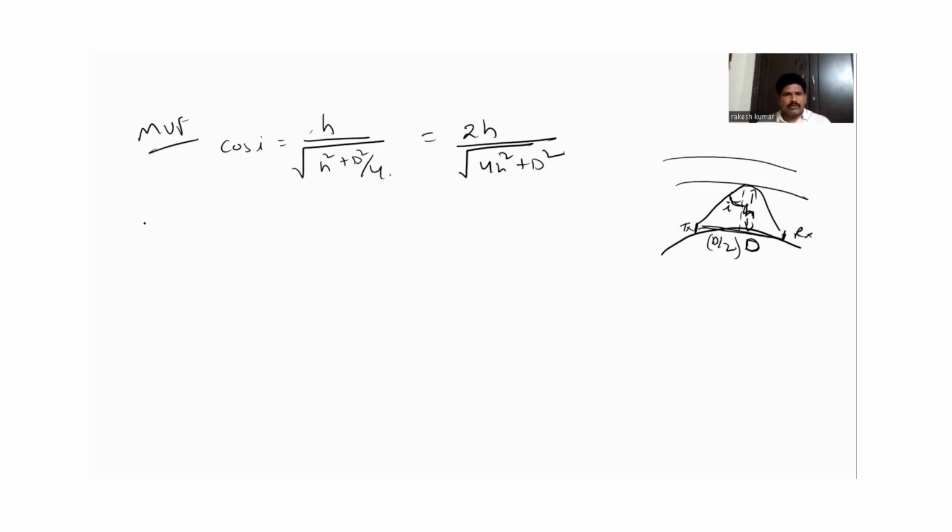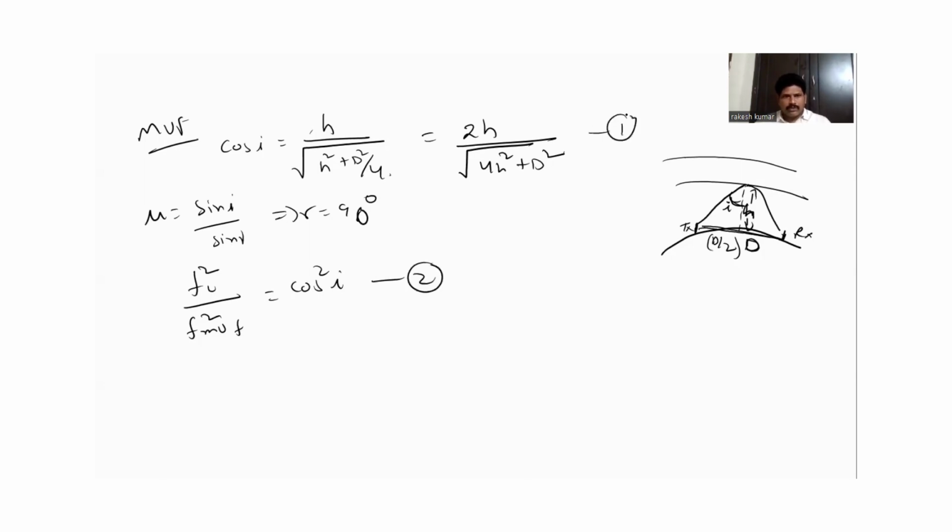We know that mu is equal to sin I by sin R. Here R is equal to 90 degrees. Therefore fc square by f square is equal to cos square I. This is expression 2, and this is expression 1.